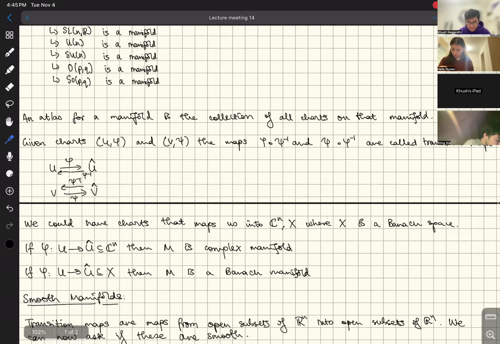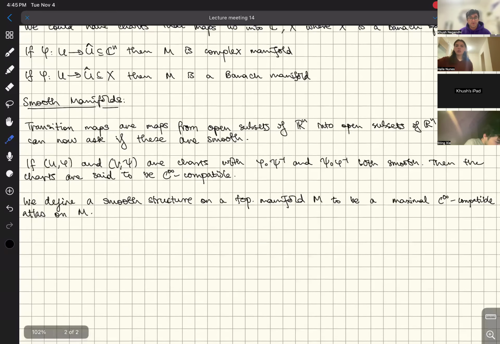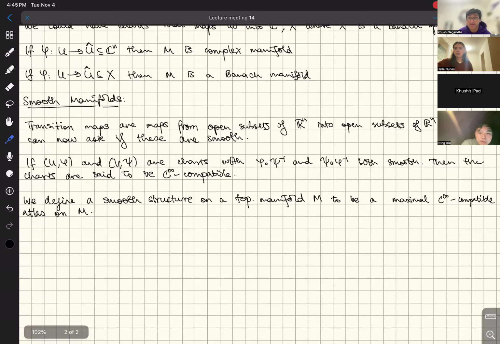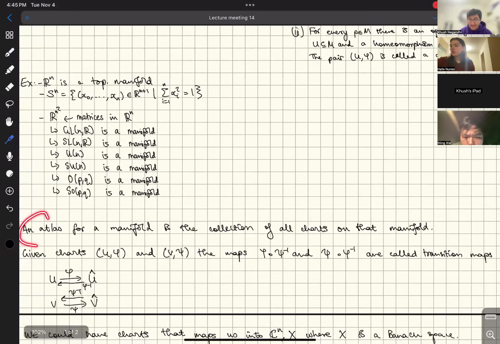So, do we understand what the definition of a smooth structure is? It's just the largest collection of C infinity compatible maps you can fit together. Now, in some sense, this collection is much, much smaller than the atlas in the case of a topological manifold.